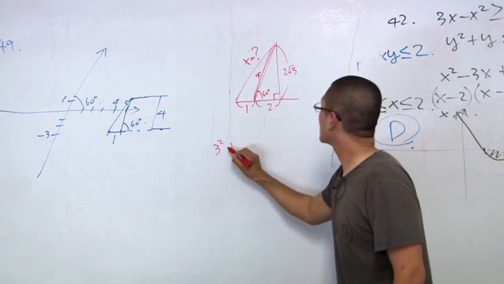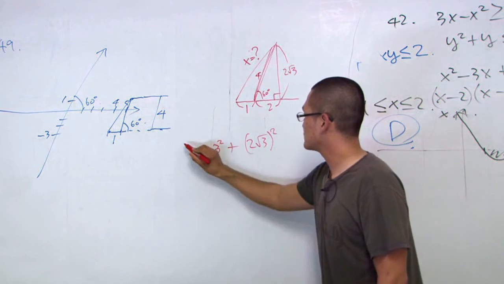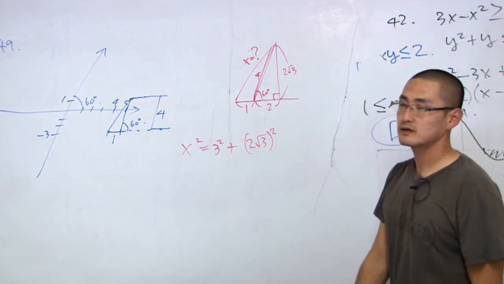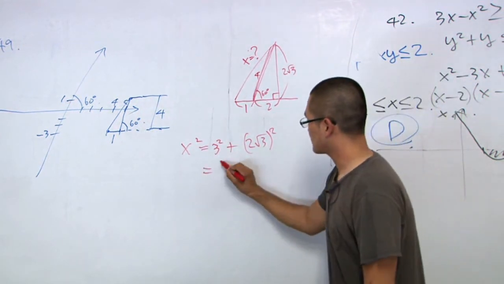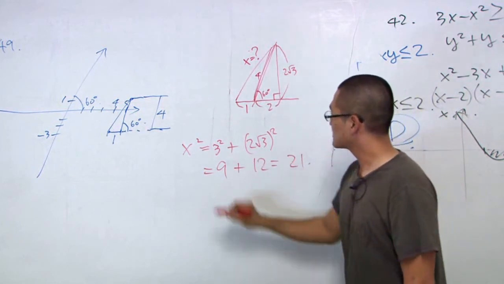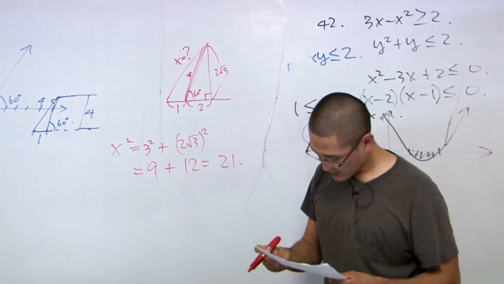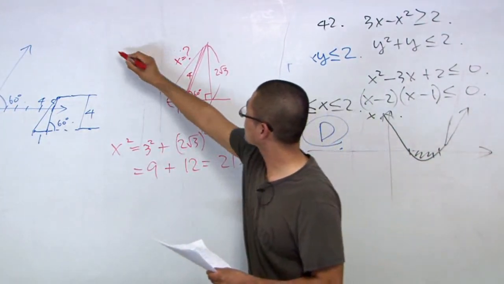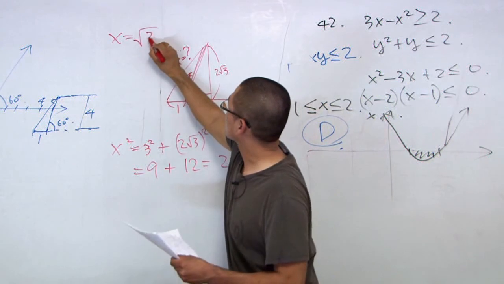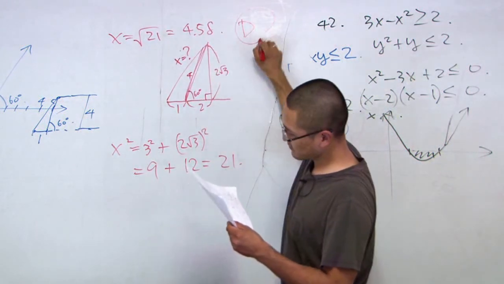So 3 squared plus 2 radical 3 squared must match x squared by the Pythagorean theorem. So plug it in, we get 9 plus 12, so 21. So x must be radical 21, right? So when you actually put it in, you get about 4.58. So the answer choice is D for us.